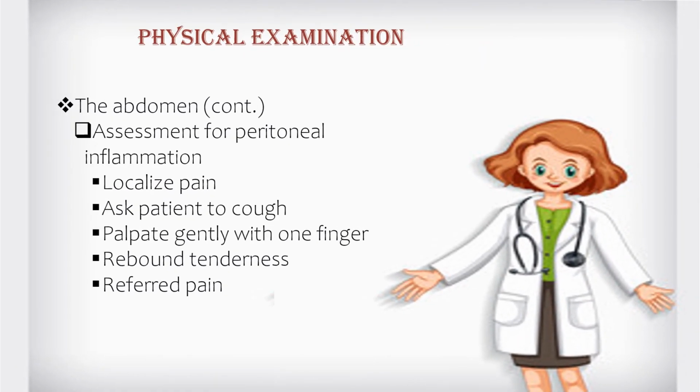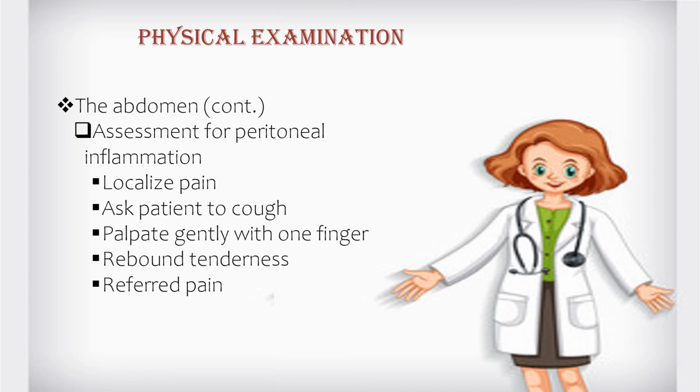Okay, to continue with our physical examination of the abdomen, take note that abdominal pain and tenderness, especially when associated with muscular spasm, could suggest inflammation of the parietal peritoneum, or peritonitis.